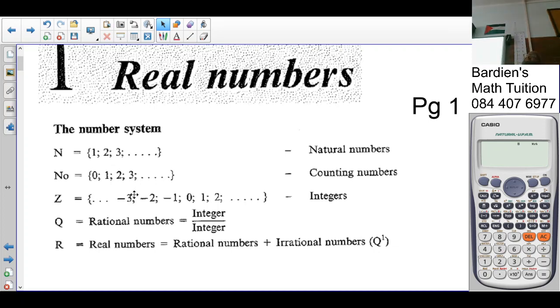On the other side of the number line, you got negative 1, negative 2, negative 3, negative 4, negative 5, negative 6, all the way to negative infinity. You guys know what infinity is, no? This carries on forever in the one direction and negative on the other direction as well. And these numbers is what we call integers.